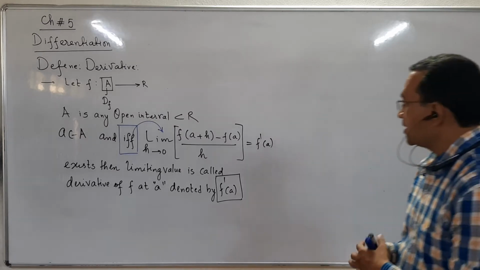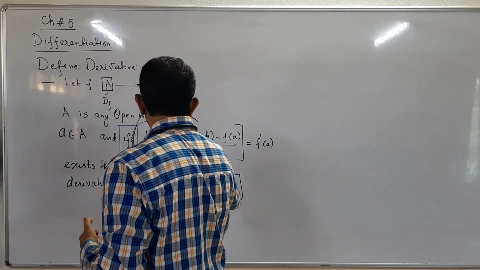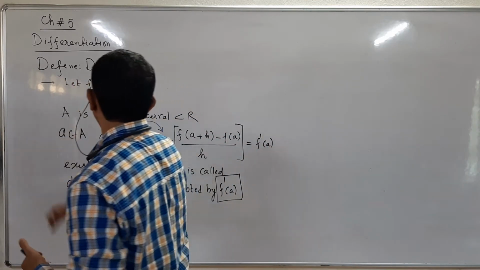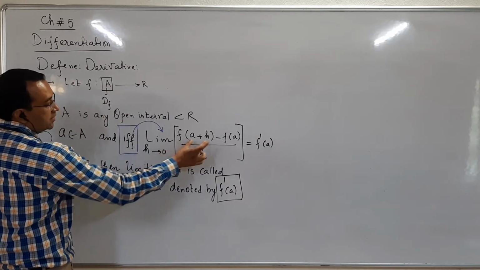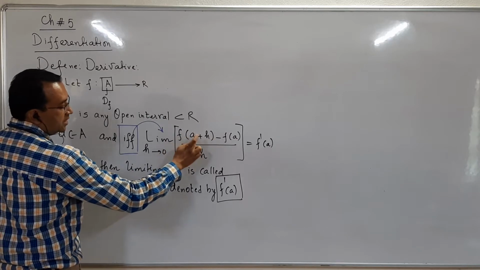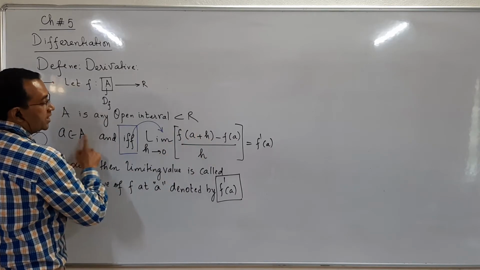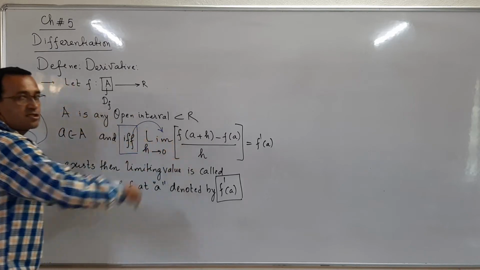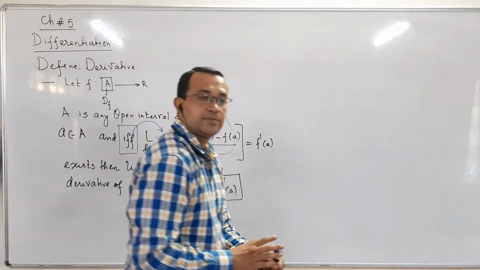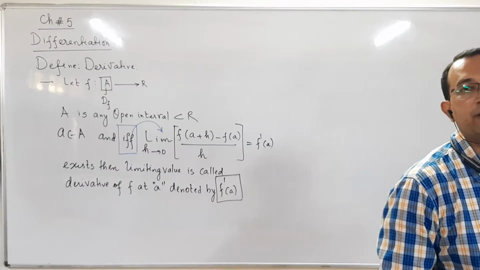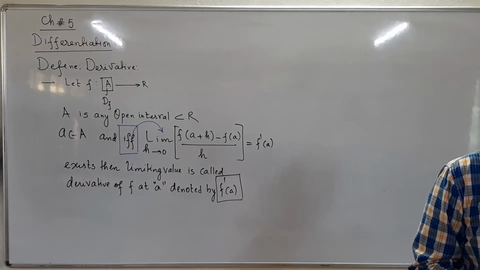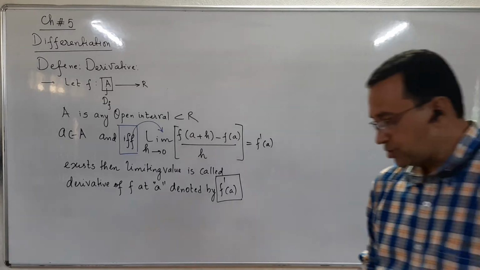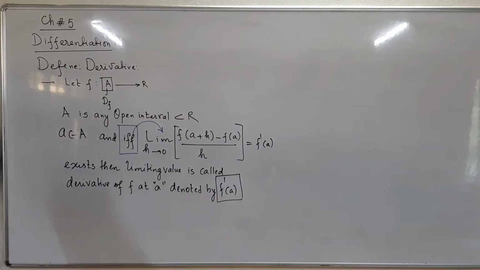This limit h is a very small value, students, and even a plus h should belong to the domain, because h tends to 0 means h is a very small value. If I add h to a, then a plus h will also be an element of the domain A. So I am summing up the definition.